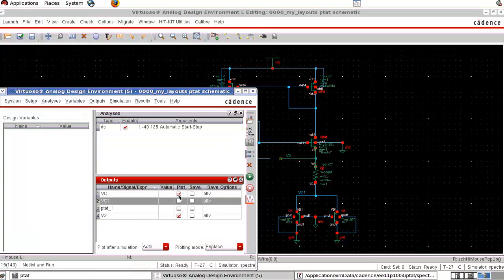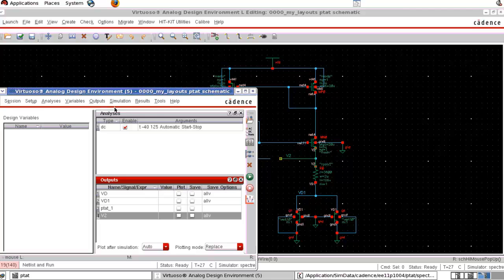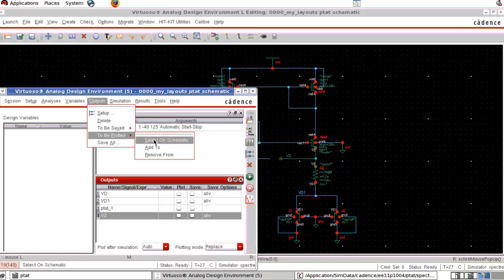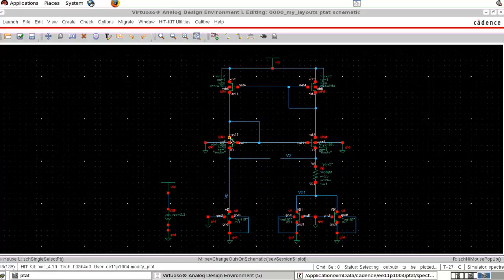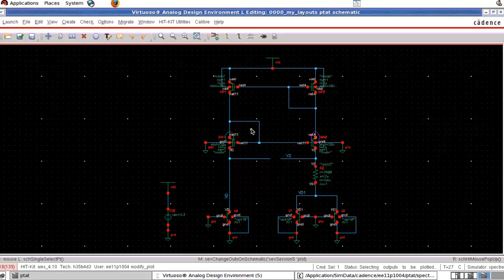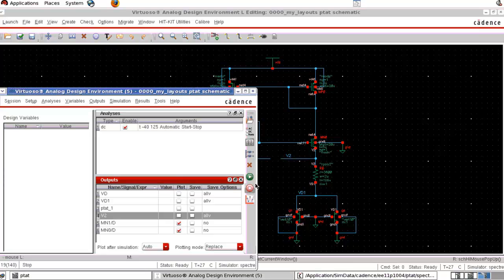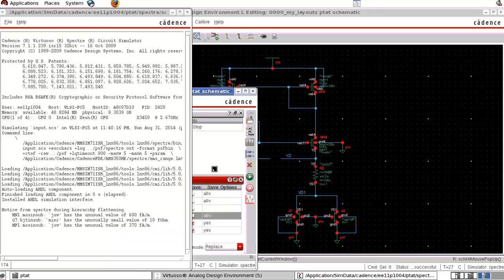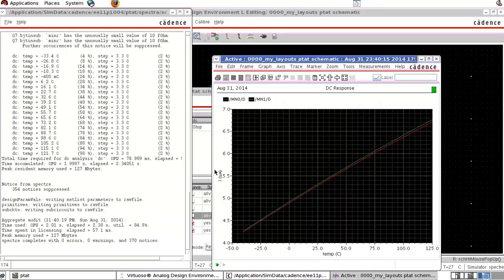And let us plot the currents also. We said in the current mirror structure, the current through both branches will be equal. So I want to plot the current through the two branches. Let's plot here and here, and run the simulation. So you can see the current is also almost equal.